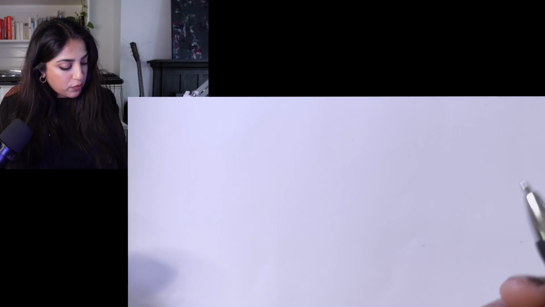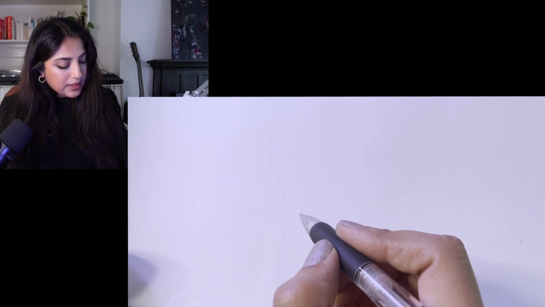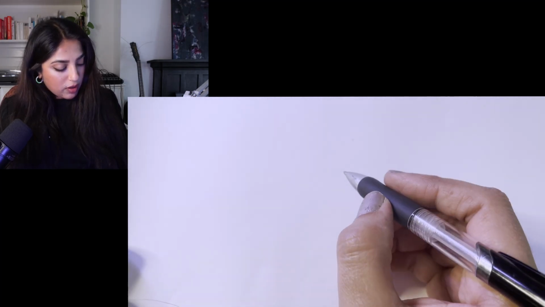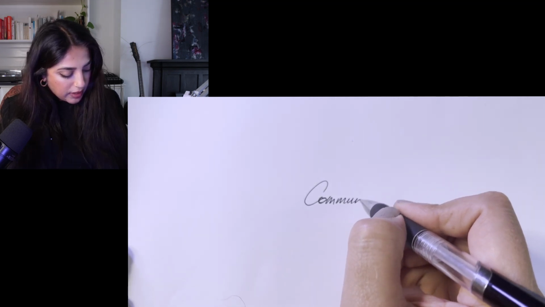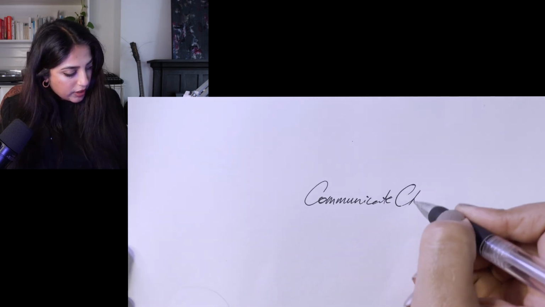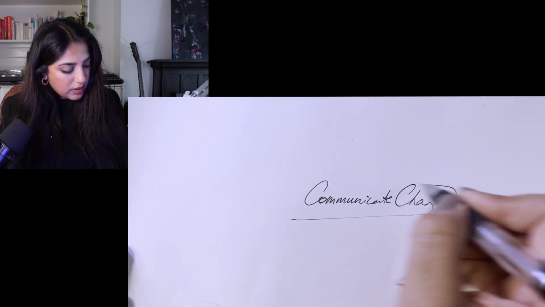How can you communicate a change effectively with your audience? So first things first, let's plot where your audience are right now. So let's just put this here. Communicate change. Okay, right.